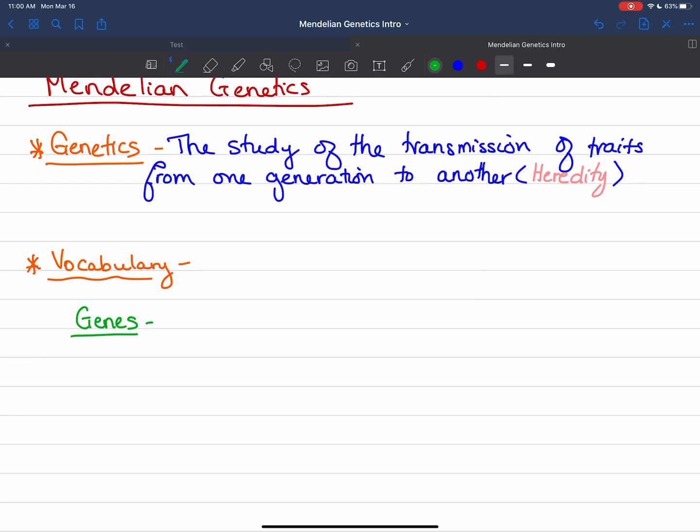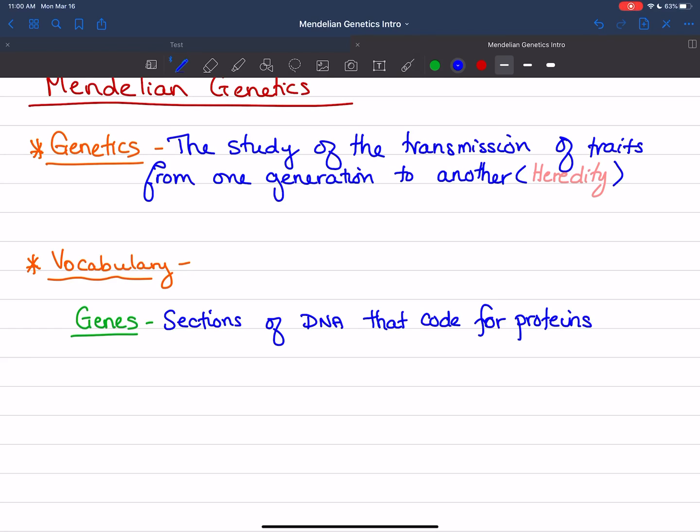So we know that genes are sort of these units of instructions. They are these sections of DNA that will code for a particular trait. Okay, so these are sections of DNA that code for proteins.